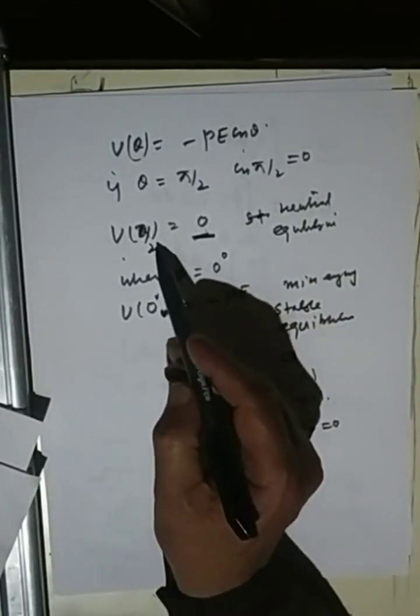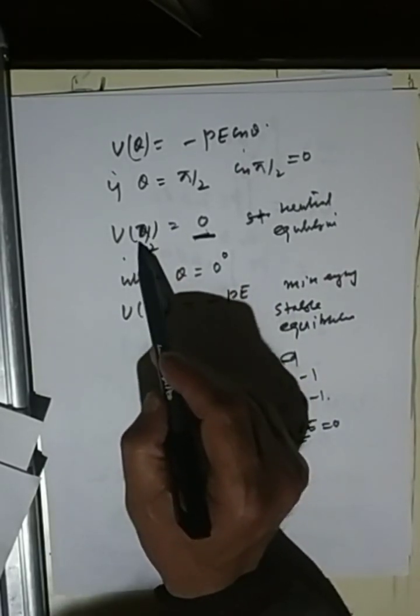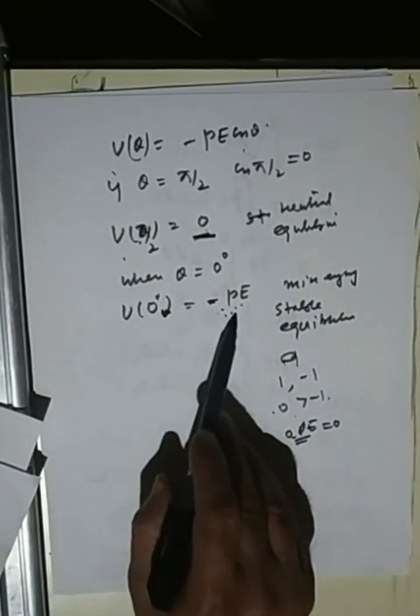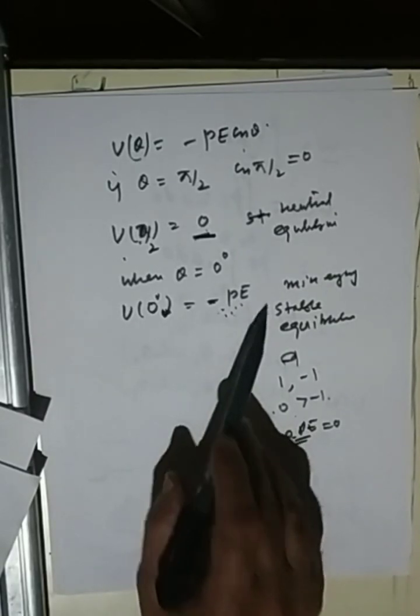So energy of a dipole when it is at 90 degrees is more than when it is in the direction of the electric field.